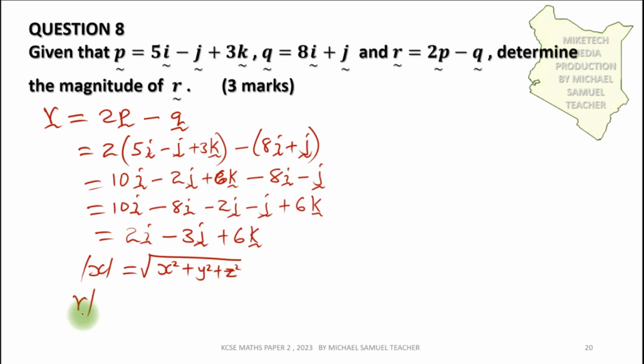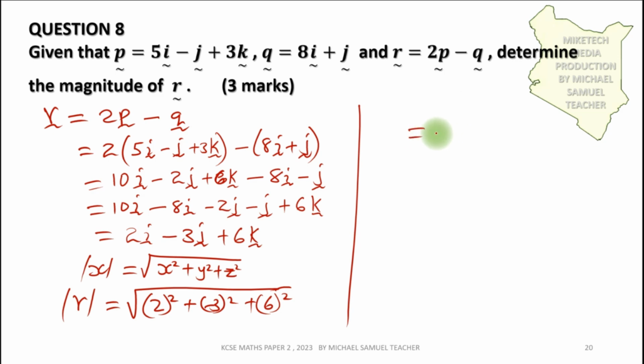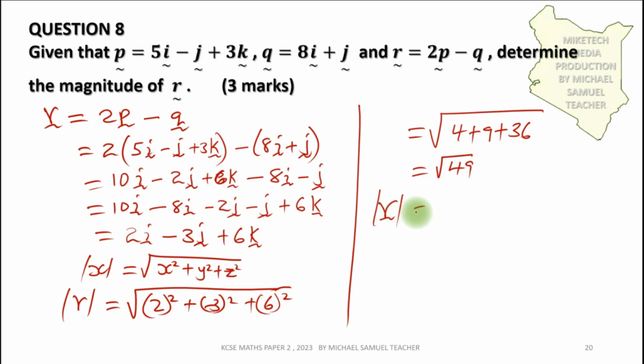So in our case, for r vector, the coefficient of i is 2, so 2 squared, plus the coefficient of j is minus 3, we square it, and then plus the coefficient of k is 6 squared. So this will be equal to the square root of 4 plus 9 plus 36. If we add this, we get the square root of 49. Therefore, the magnitude of r is 7 units.